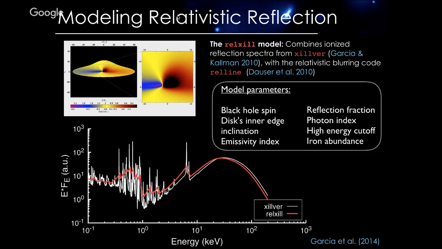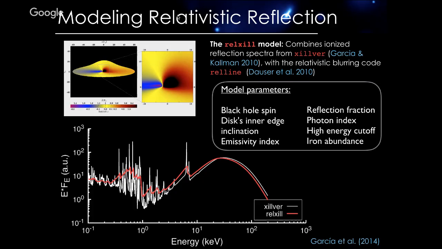Essentially, you follow photons in a curved space-time, and you predict what the effect is going to be given their position in the disk and how the illumination of the disk was produced in the first place. So this is all combined in a single model that people can now use to model any given observation in X-rays.